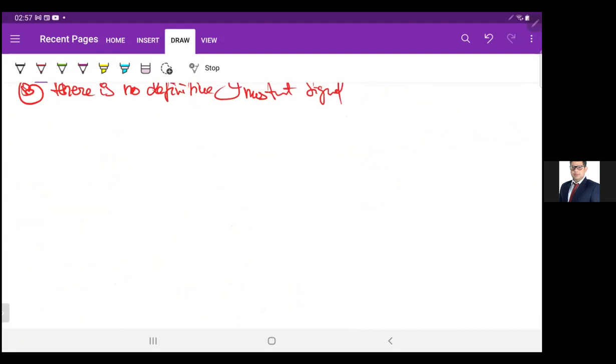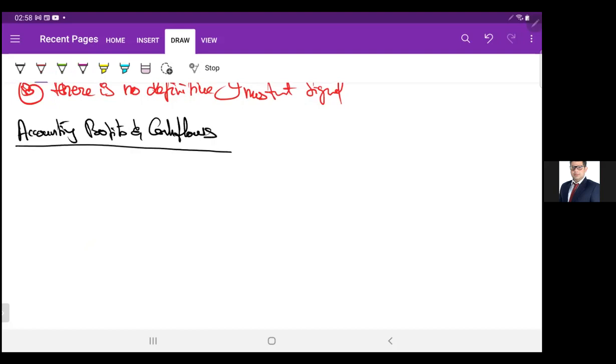Now let us discuss the accounting profits and cash flows. In capital investment appraisal, it is more appropriate to evaluate future cash flows than accounting profits. Why so? Number one, profits cannot be spent.